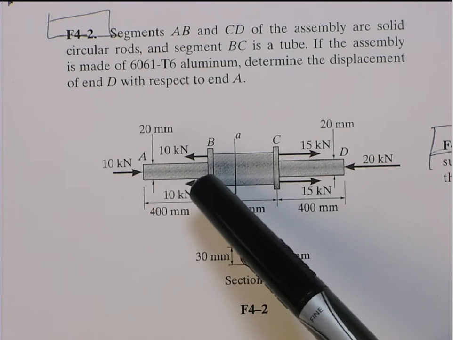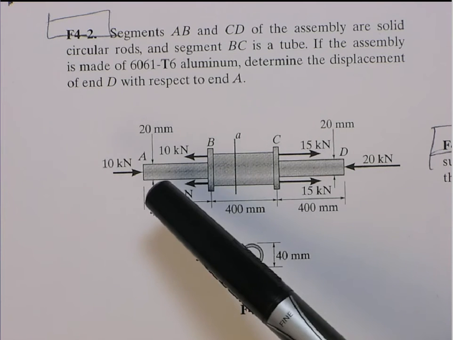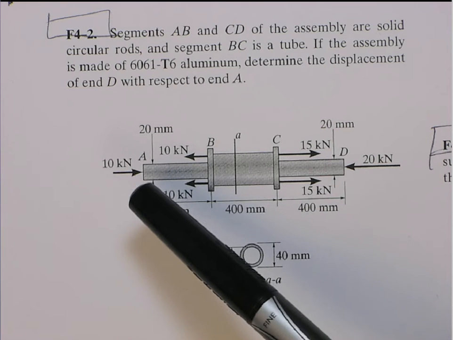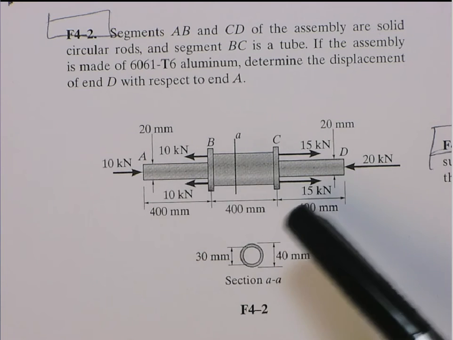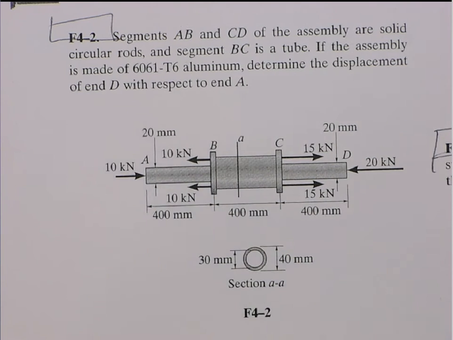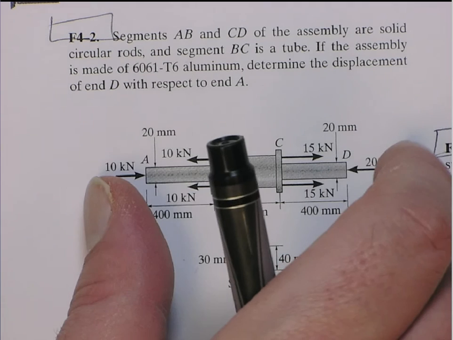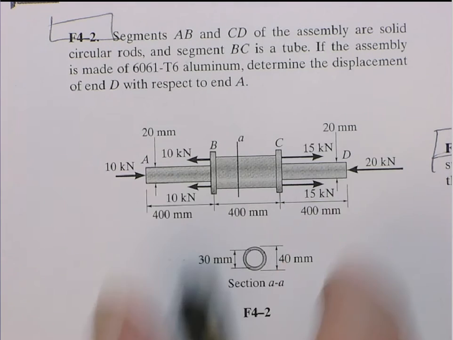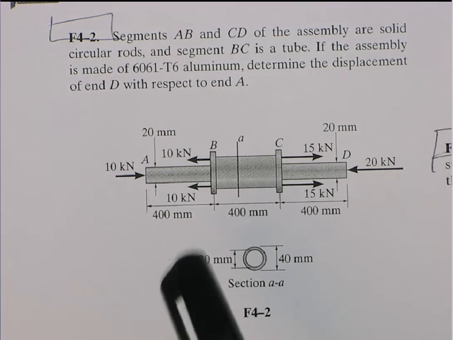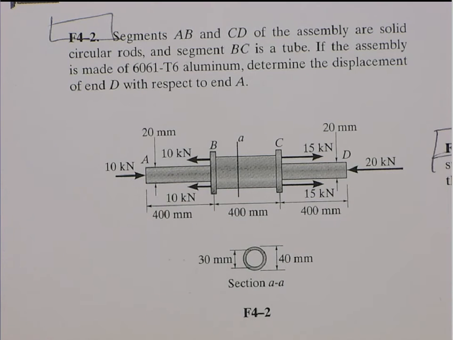And it's loaded as follows, and they want you to figure out the displacement of D with respect to A. So basically how much this whole thing extends or contracts. So again, we're going to use the axial extension equation PL over AE, but we have to break the problem up into the regions where you have basically constant loading conditions, right?